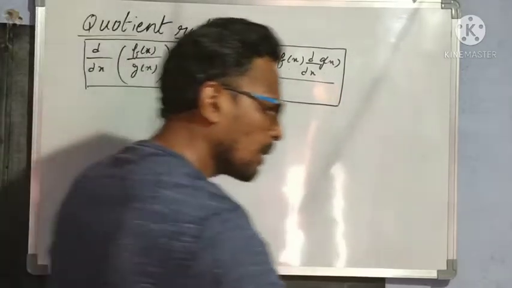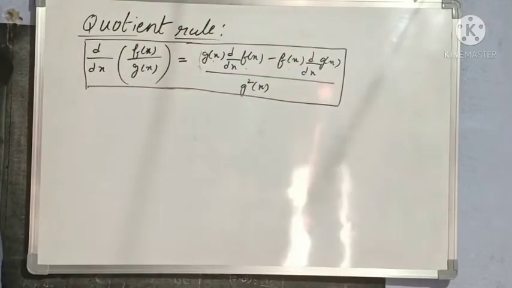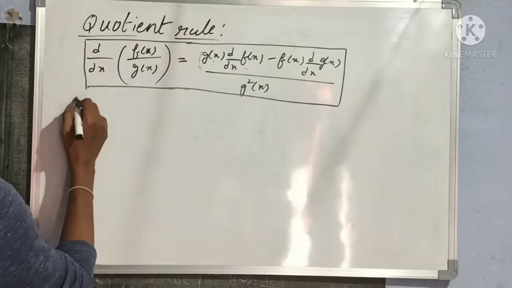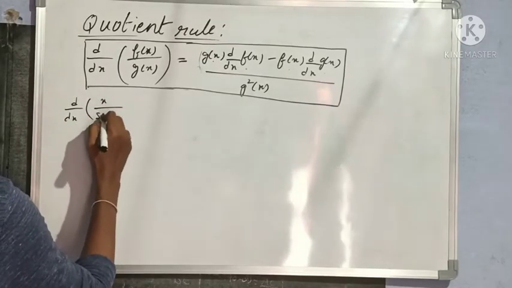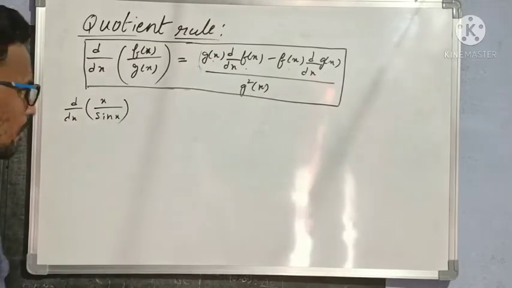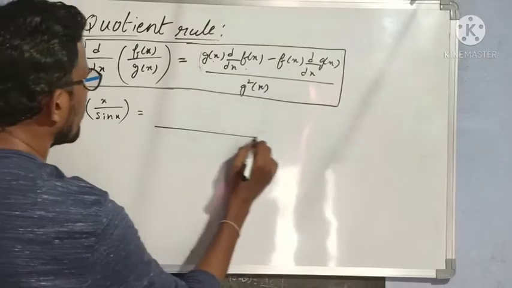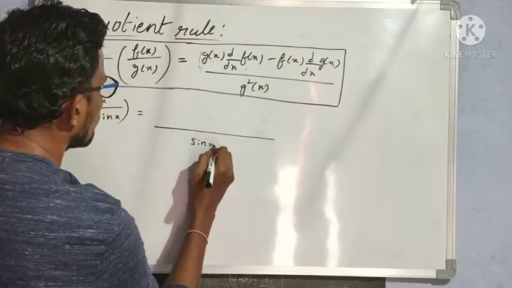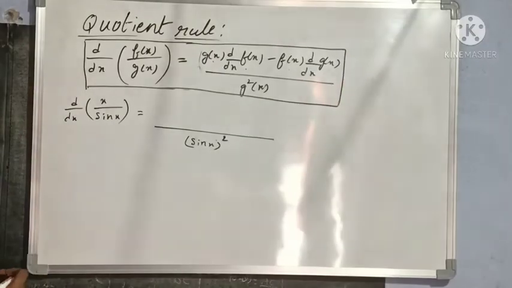Okay. So now let us see some examples related to quotient rule. So d by dx of x by sin x. How to do this? So already I have said. First take the denominator whole square. So sin x whole square in the denominator, by, now numerator.